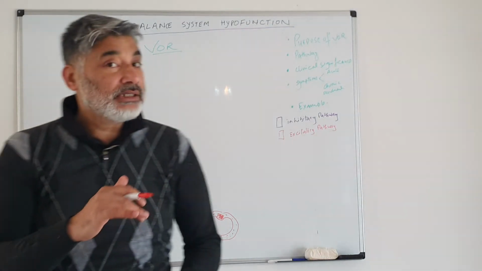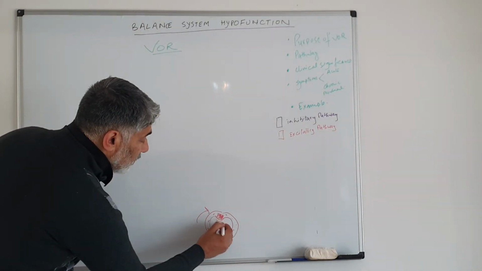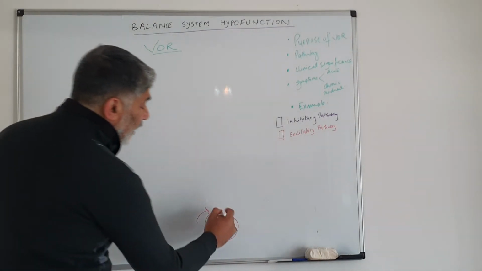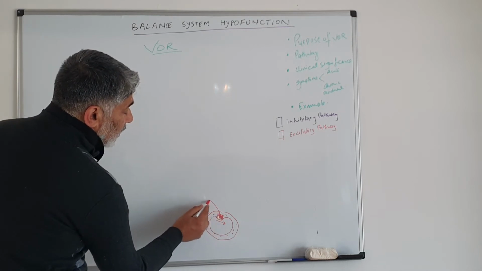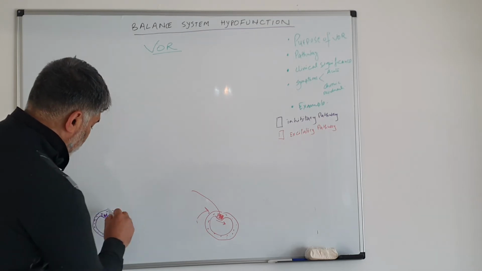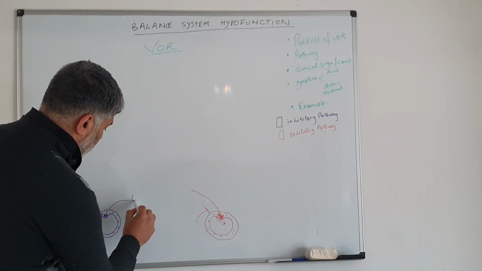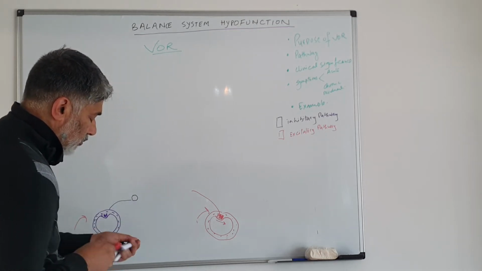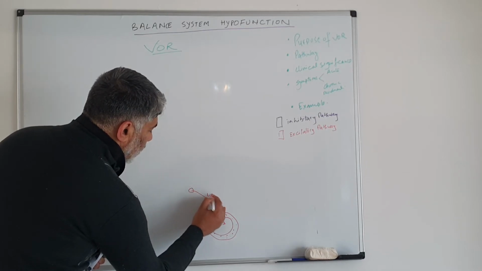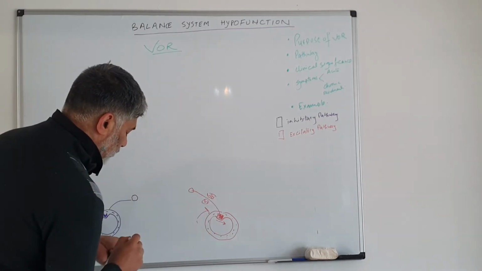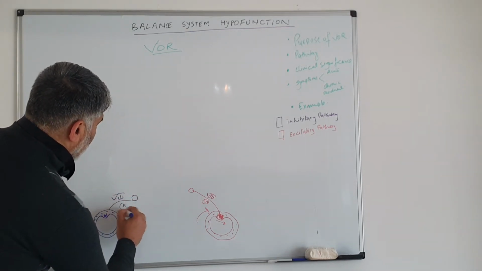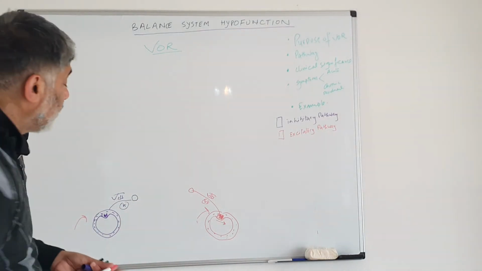When the head is moved to the right, the deflection of these hair cells will cause generation of an action potential, and that action potential travels via the eighth cranial nerve, which is also called the vestibulocochlear nerve.